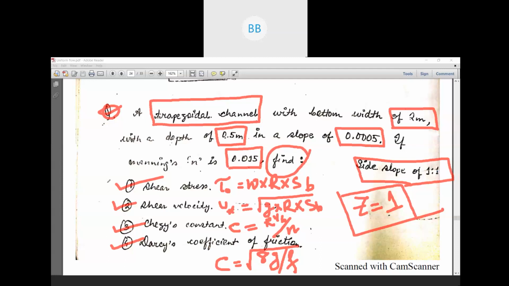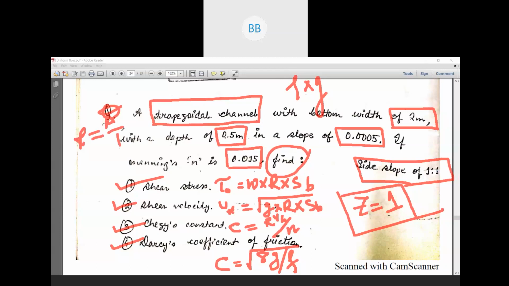So you kindly solve. Okay, try to solve. First you find out the shear stress. You always remember in the shear stress that small w is your specific weight, that is rho into g. Now rho you can take 1 gram per cc or 1000 kg per meter cube. Definitely the R value is area by weighted perimeter.